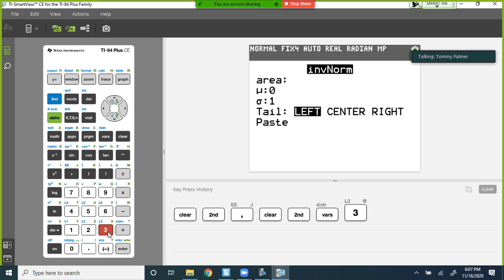Now, this one has the updated software, where it says left, center, or right. You know what the really cool thing about this is? You could tell it has an area of 0.9 and tell it it's the center, and it'll automatically do it. It's pretty cool. Anyway, but it's 0.0 what? 5. Boom, boom, boom. Left, right.